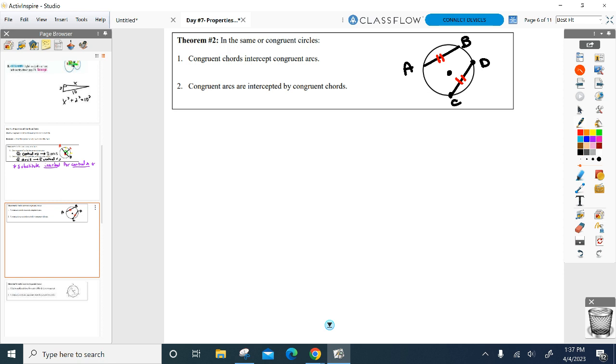And here you go. If you have congruent chords, that means you have congruent arcs. So if AB and CD are equal, so are the arcs AB and CD.